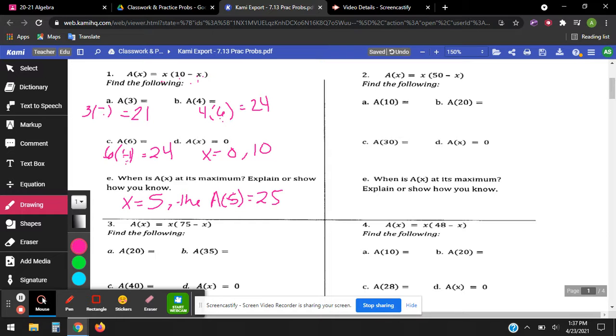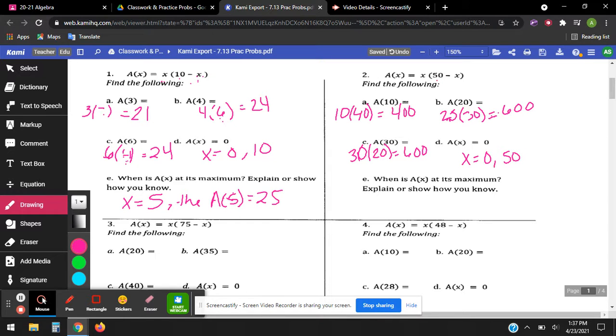Okay, here. A of 10. So I'm going to take 10 times 50 minus 10, which is 40, and that's 400. A of 20. Okay, so 20 times 50 minus 20 is 30. That's 600. If I do 30, then 30 times 50 minus 30 is 20, so that's still my 600 again. To get 0, x has to again be 0, but this time it would also have to be 50, so that 50 minus 50 is 0.